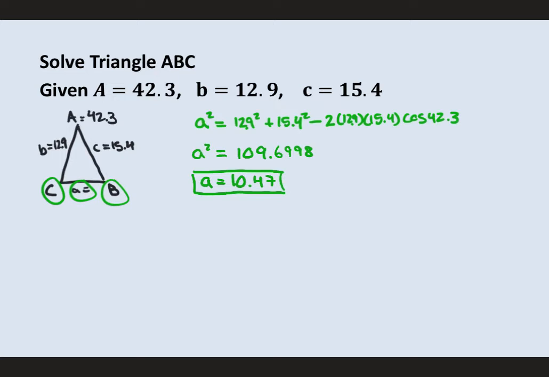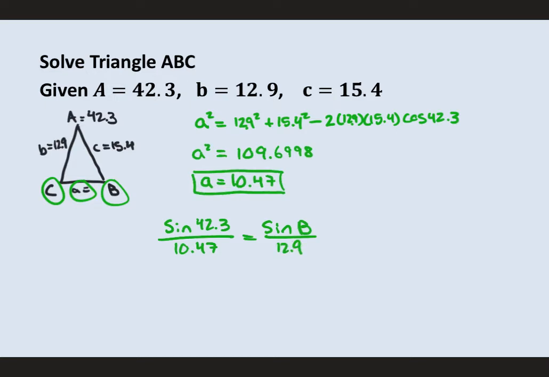To do that, we actually need a law of sines, so we'll say the sine of A, which was 42.3, over little a, which was 10.47, is equal to the sine of big B over little b, which is 12.9.